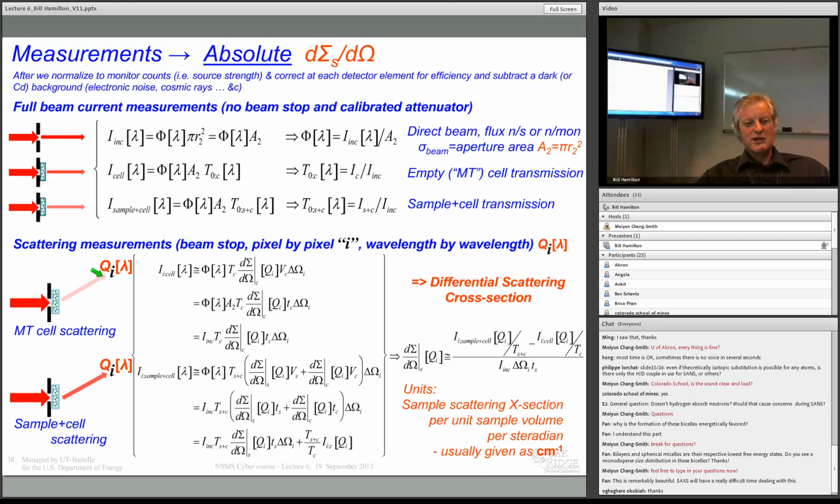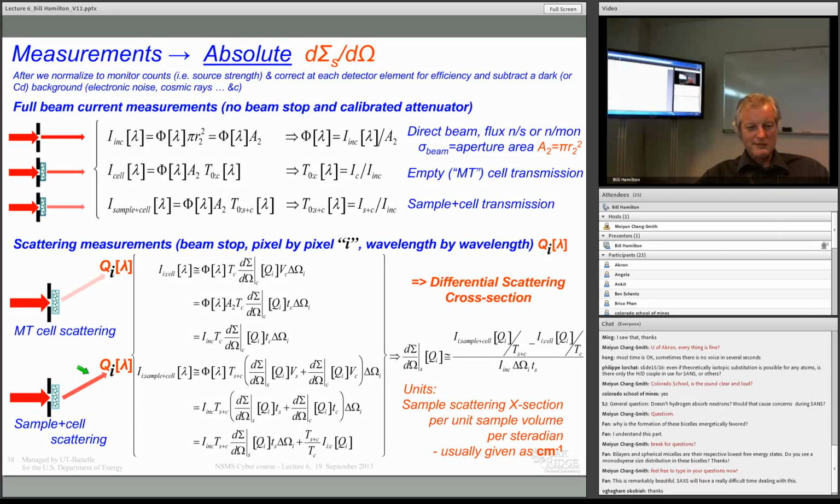You get a complicated mess, which turns out to be the incident intensity, the transmission of the cell, the macroscopic scattering cross-section of the cell, and the solid angle of the detector element, because we're talking about a particular pixel and a particular wavelength and scattering length.